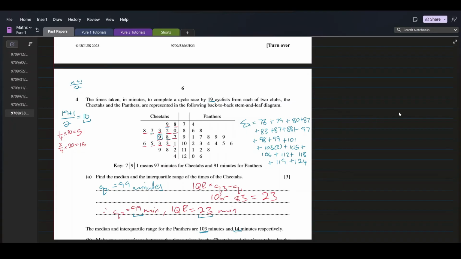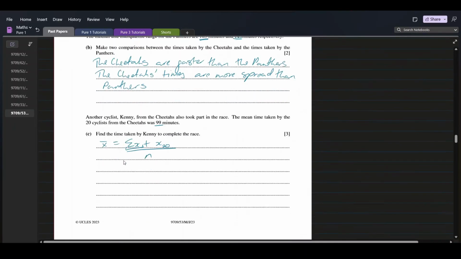That's 78 plus 79 plus 80 plus 82 plus 83 plus 87 plus 88 plus 97 plus 98 plus 99 plus 101 plus 103 times 2 plus 105 plus 106 plus 112 plus 118 plus 119 plus 124, and that gives us that the summation of x is 1862. Okay, so let's go back to our question.